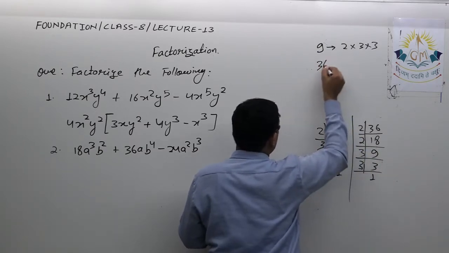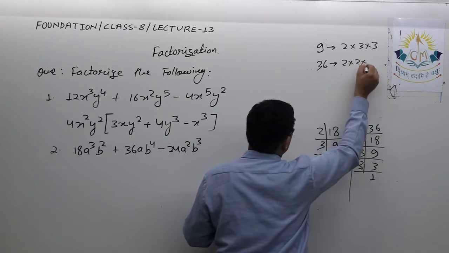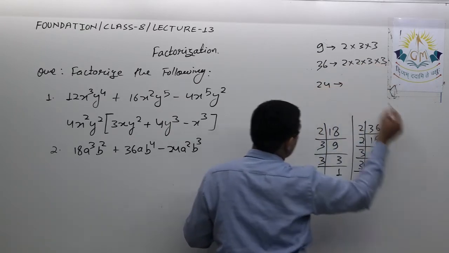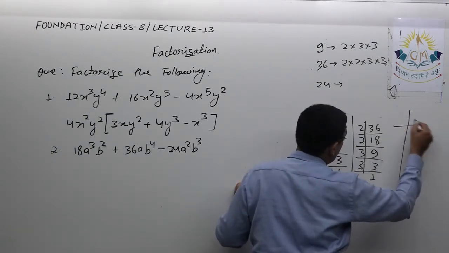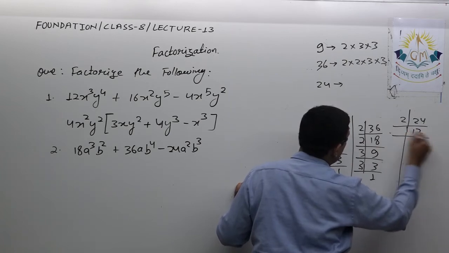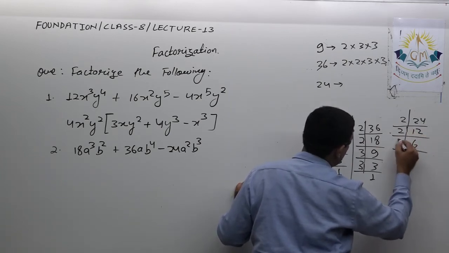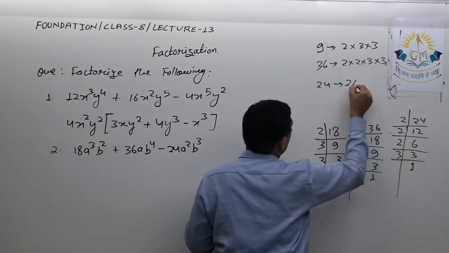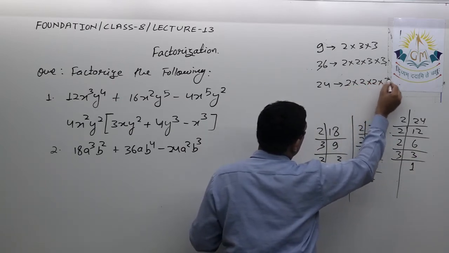So factors of 36 are 2 into 2 into 3 multiplied by 3. Then 24. So factors of 24 are 2, then here it is 12, then again 2, here it is 6, then again 2, here it will be 3, then finally 1. So 2 multiplied by 2 multiplied by 2 multiplied by 3.